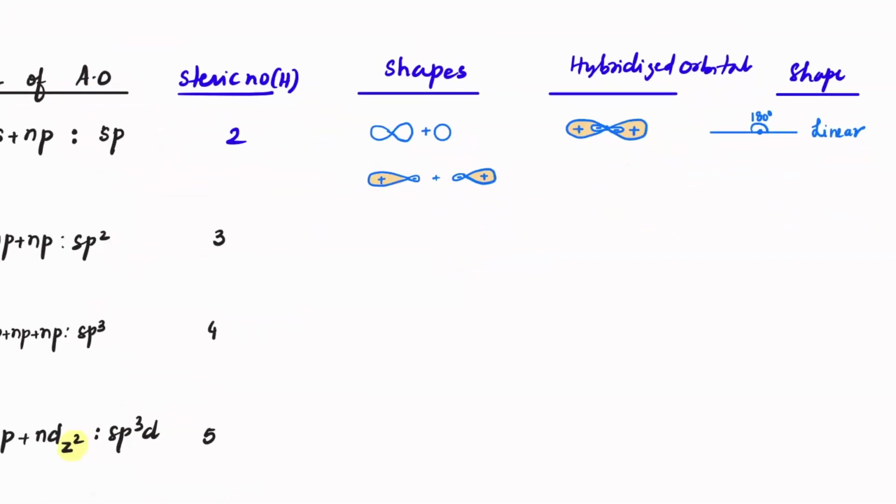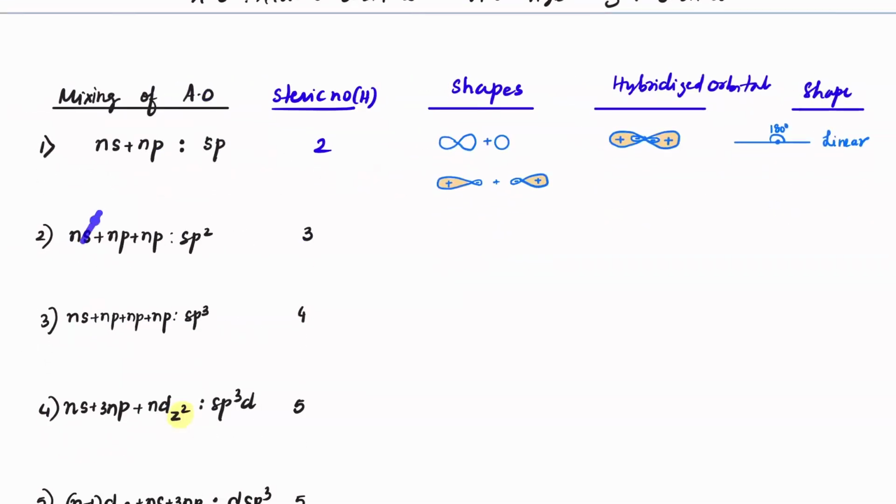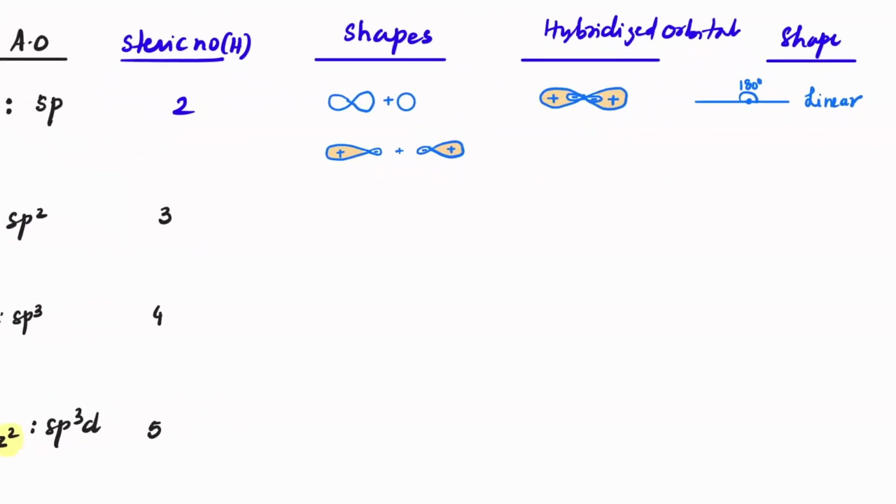Now look into the case when you have ns, np, and np. Three of them are mixed. That means I have one p orbital, another p orbital, and one s orbital. After mixing all these three, you'll get a hybridized orbital like this and an extended orbital like this with smaller lobes here.